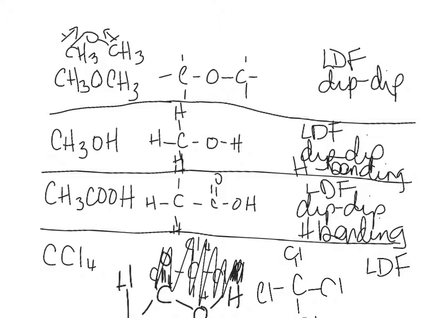Yes. This third one has two sites for hydrogen bonding, both on the C double bond O and the OH. So because it's got more sites to hydrogen bond with water, it is going to be more soluble in water. You also have to take into account how many carbons, though.